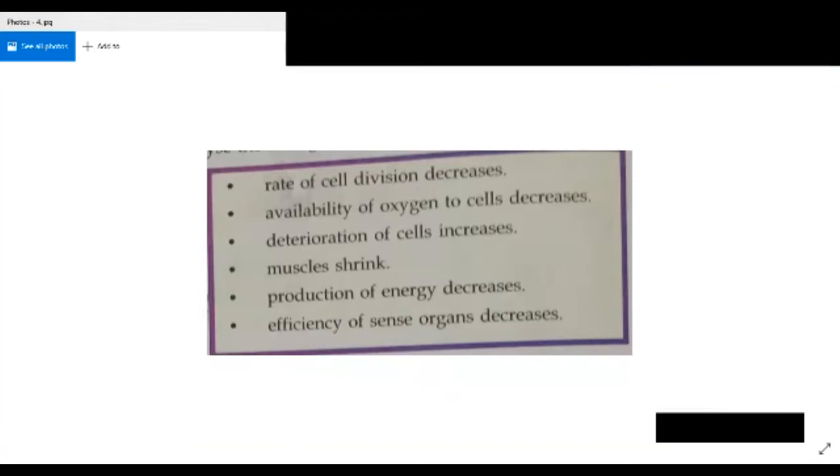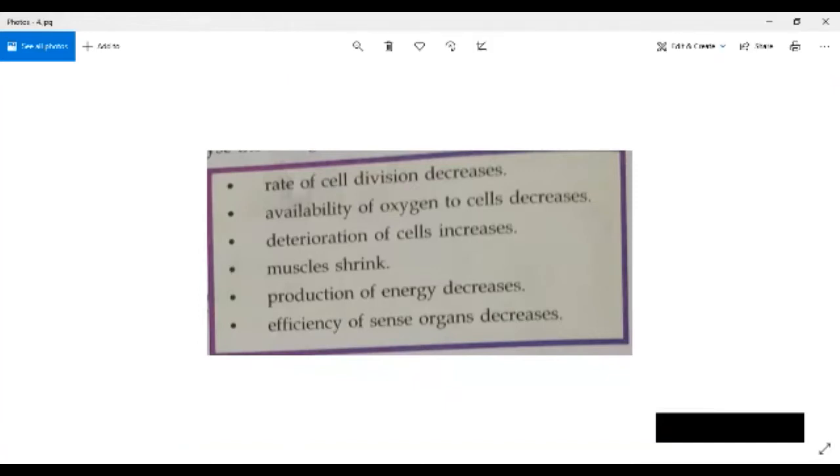Then availability of oxygen to cell decreases. We have already told that for the zygote, continuous multiplication and division is taking place. But in the case of old age, what happened? The rate of cell division decreases. Then availability of oxygen to cell decreases.